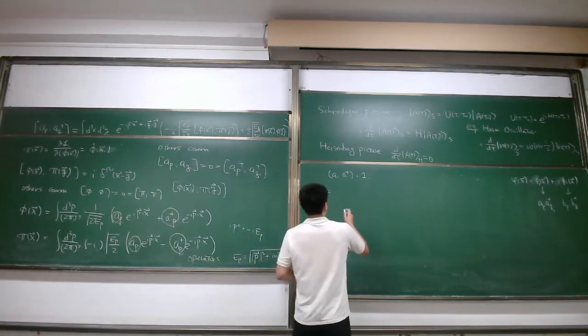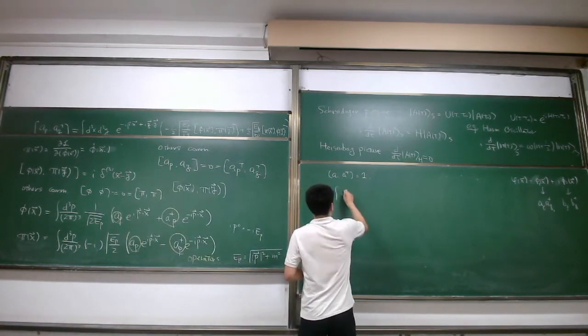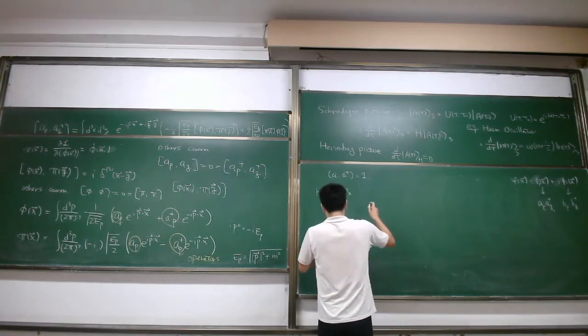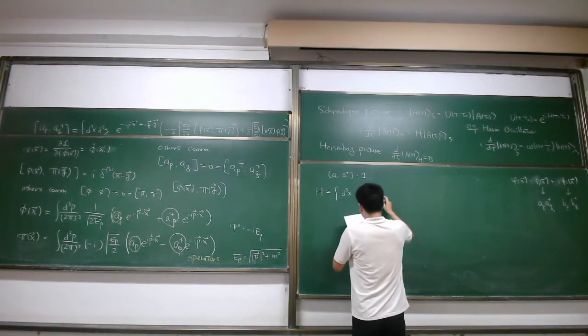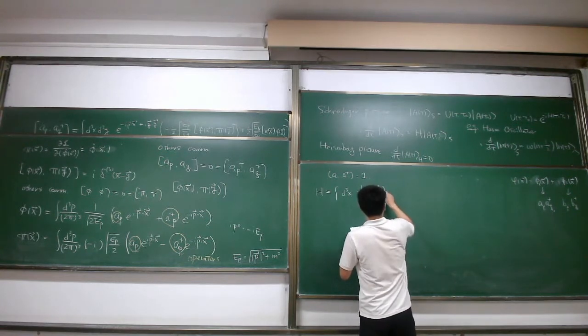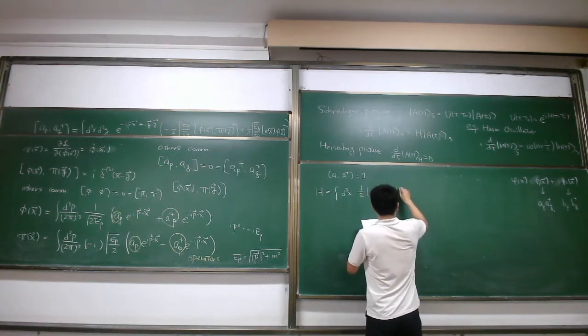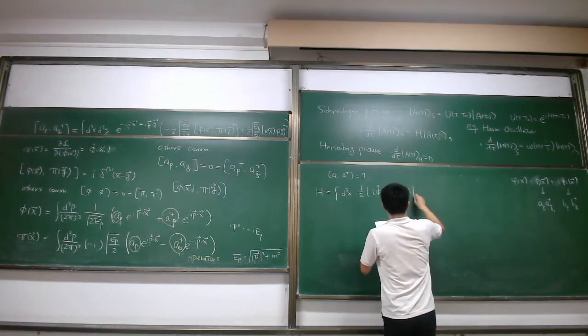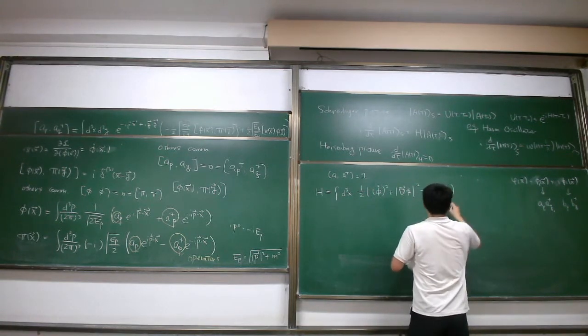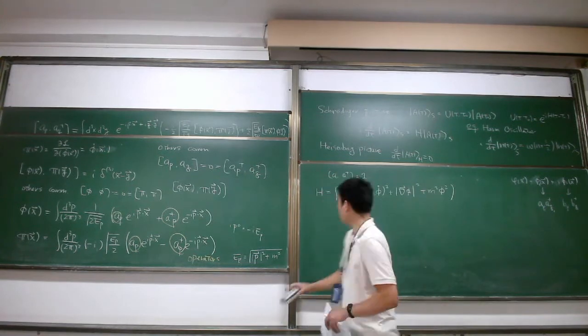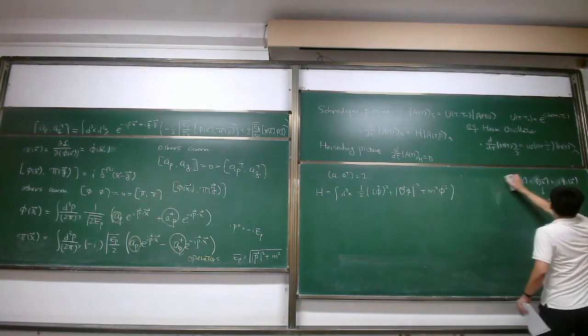So this Hamiltonian in Q3, as I introduced last time, is equal to 1/2 phi dot squared plus... this is what we derived last time. I will erase this part.